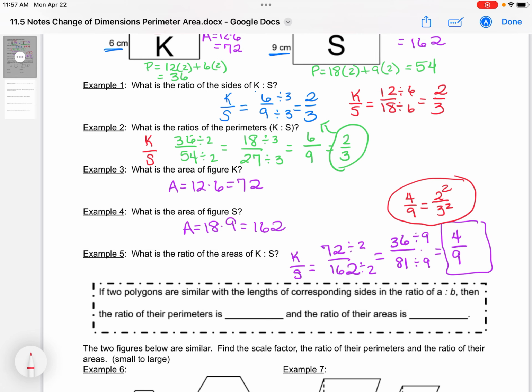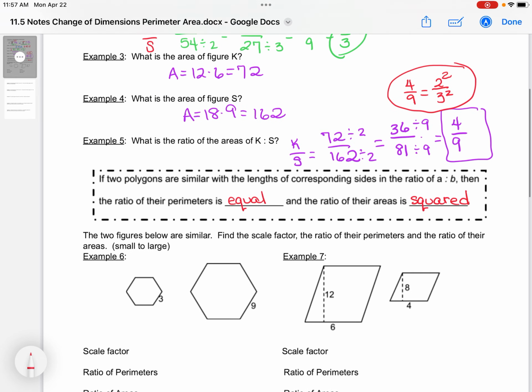So the ratio of the perimeters is the same, and the ratio of the areas is squared. Not doubled, squared. So just remember that if we're doubling, the area is going to get 4 times bigger, not 2 times bigger.